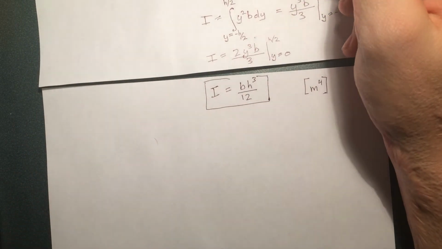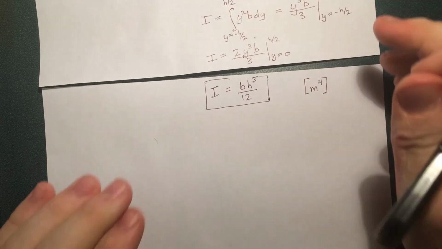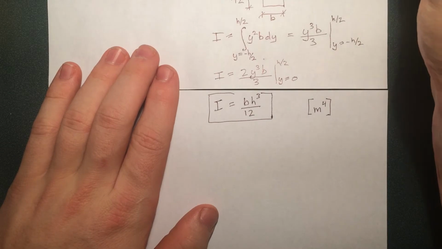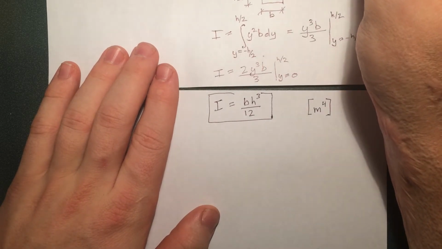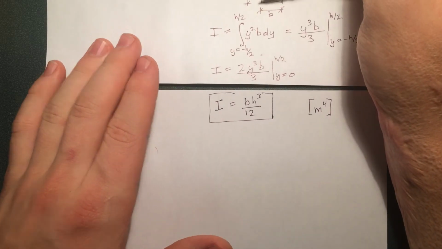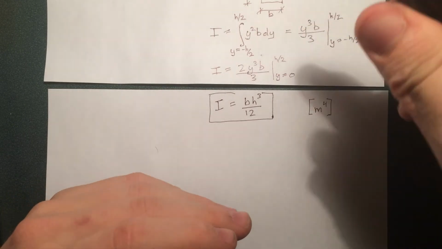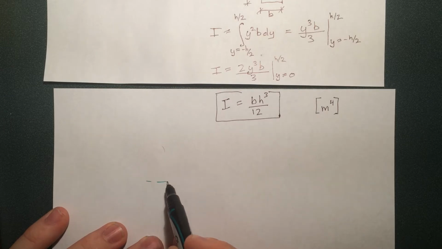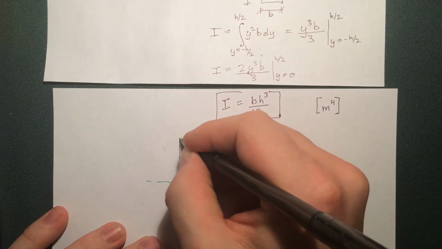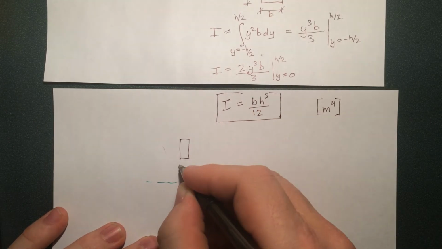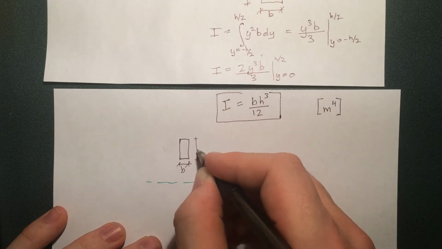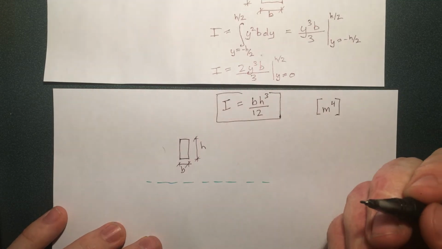Alright, so we're measuring this relative to an axis. But sometimes we want to know this relative to another axis, and there's a simple way of calculating that. Rather than setting up the whole thing and then going through and calculating it, let's assume we had our axes here, and our object up there.